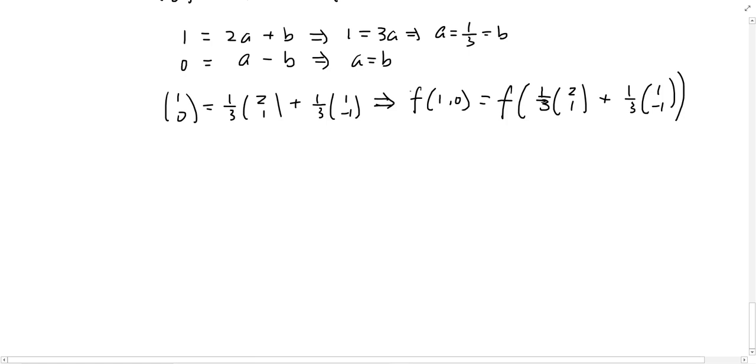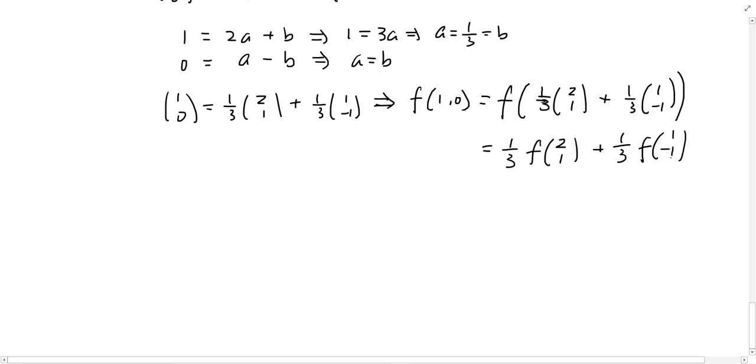Or we have a second option, like what we talked about yesterday. Option 2 is I can use the linear function property and say this is the same as 1/3 f of (2, 1) plus 1/3 f of (1, -1). And these two things we know because we're given them.